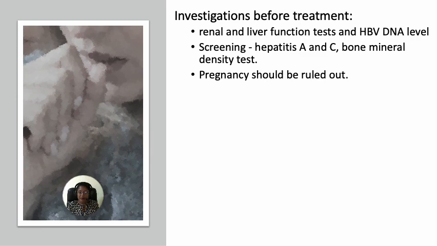She has a hepatitis B flare up, so we need to screen her and quantify the HBV DNA levels and also screen her for other hepatitis infections such as A and C. Because she's a female and bone mineral density may be affected, a bone mineral density test would be done. She is also of childbearing age, so pregnancy should be ruled out.